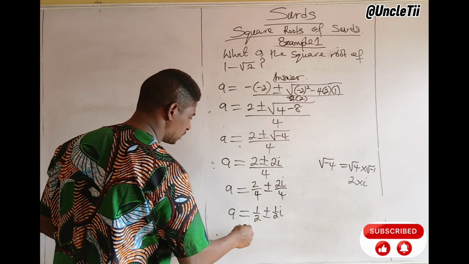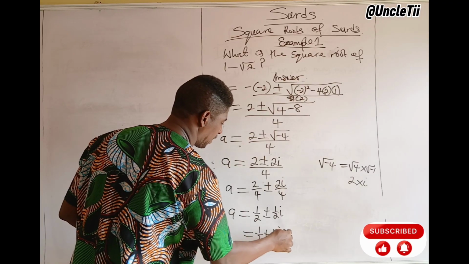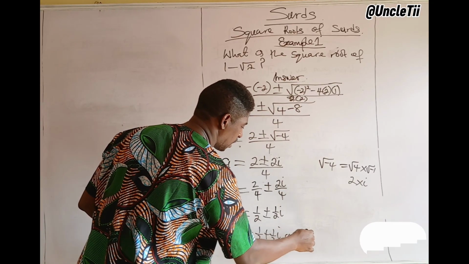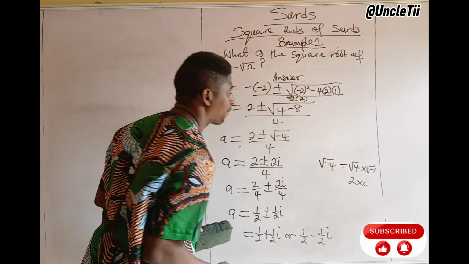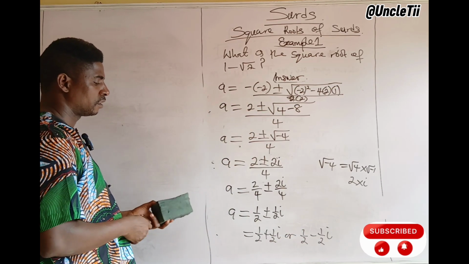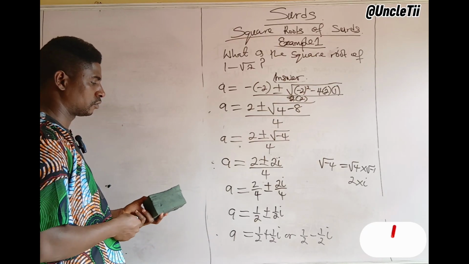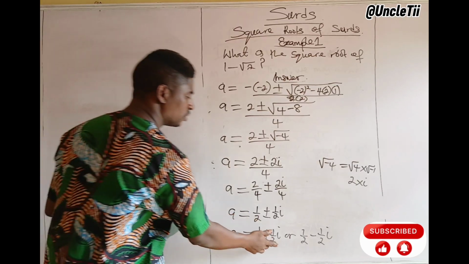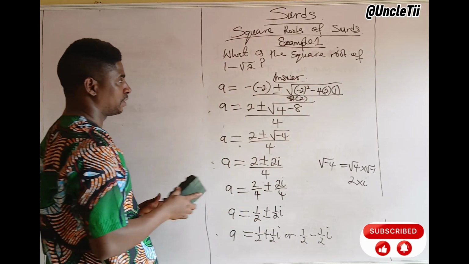If we expand this, we are going to get half plus half i, or half minus half i. This is the answer for A. These two values will now be substituted into our equation 1 to get B.